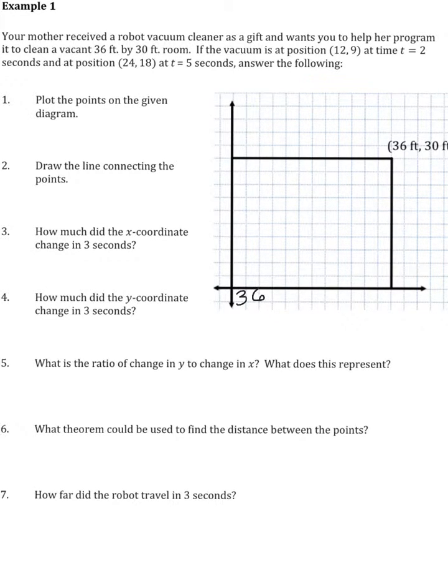So 3, 6, 9, 12, 15, 18, 21, 24, 27, 30, 33, and 36. So horizontally and vertically we're going up by 3s. Now we're going to plot (12, 9) and (24, 18).